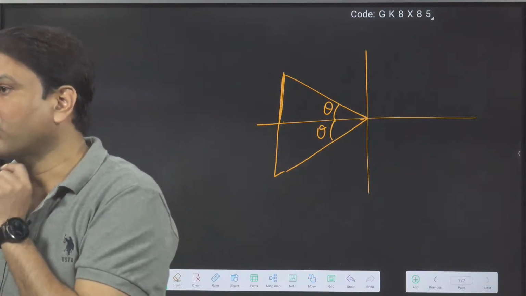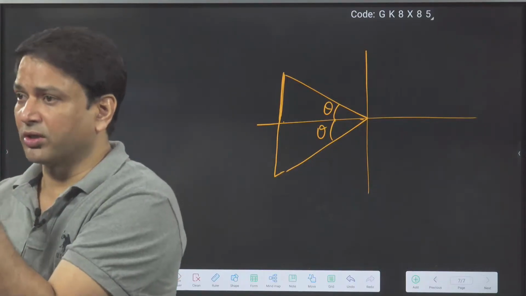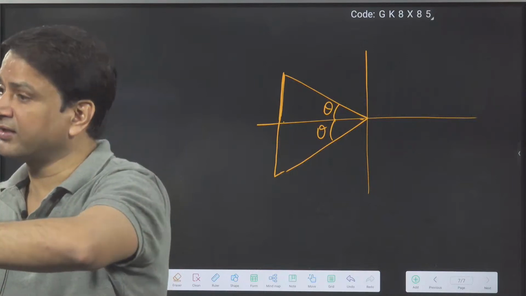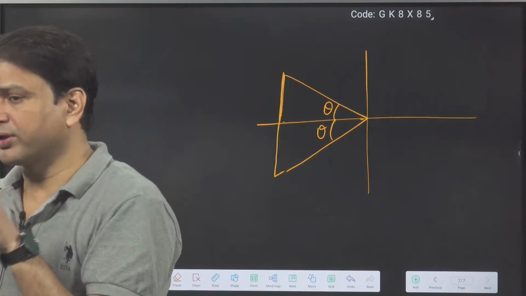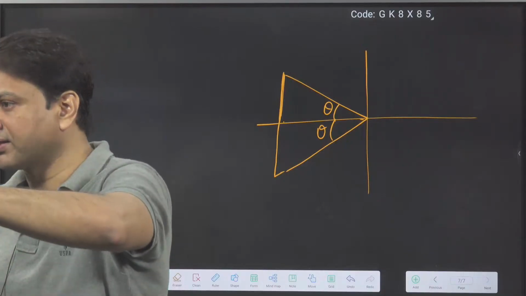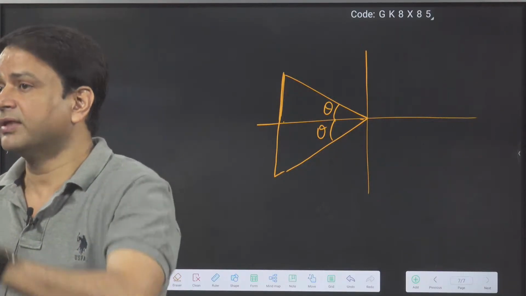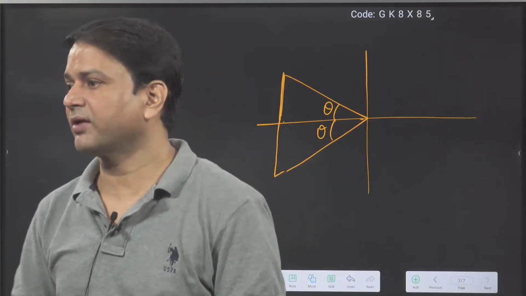But when I am writing cos theta in the second quadrant, base is negative here. So base upon hypotenuse, what will I get? Negative. So cos theta will come negative. If I am writing tan theta, tan theta is perpendicular upon base. Perpendicular positive, base negative. So tan theta we got negative.